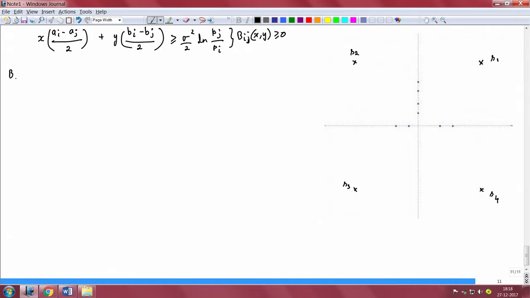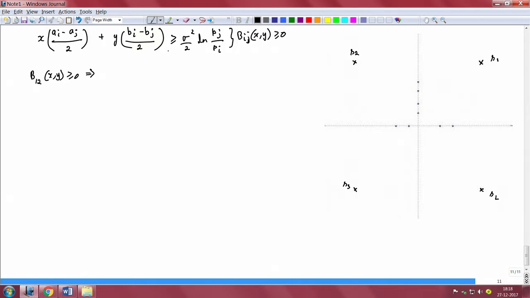If we look at the boundary b12 of x comma y greater than or equal to 0, between the signal 1 and 2 only the x coordinate changes and the y coordinates are the same.